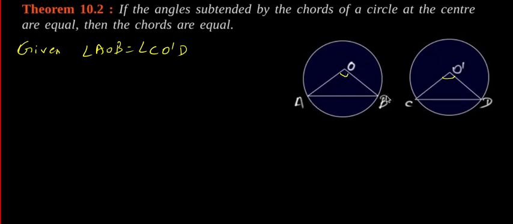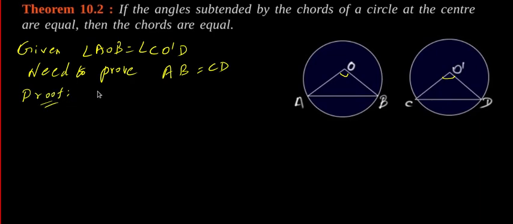So, if the angles subtended by the chords of a circle at the center are equal, then the chords are equal. So, we need to prove that the chords AB equals CD.